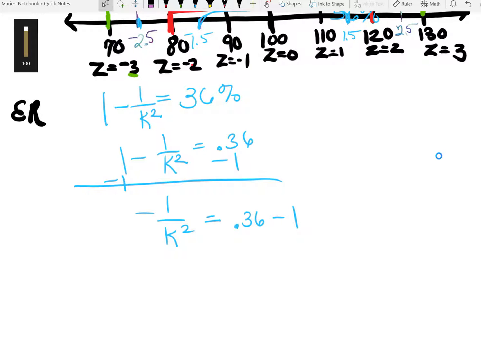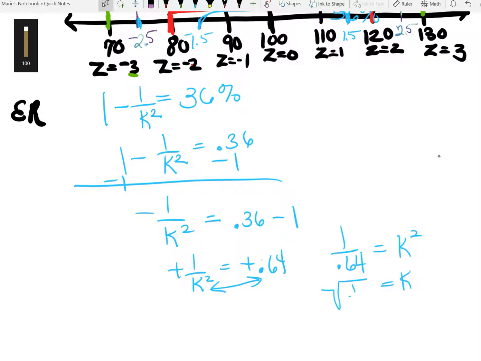So we have negative 1 over k squared is equal to negative 0.64. Remember, both sides are negative, so they both become positive. And I can technically just swap these out. So I get 1 over 0.64 is equal to k squared, and therefore k is equal to the square root of 1 over 0.64.